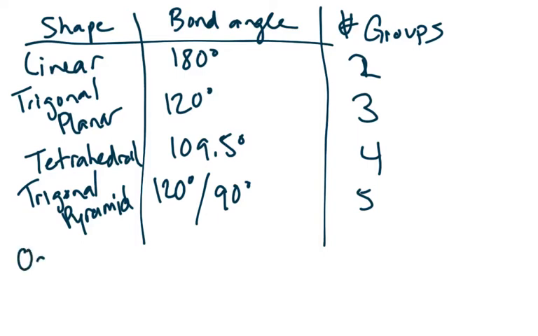And then octahedral is 90 degrees for 6 groups.